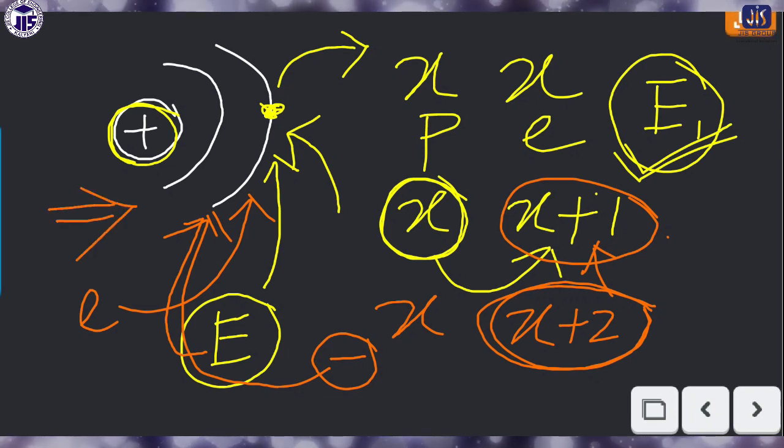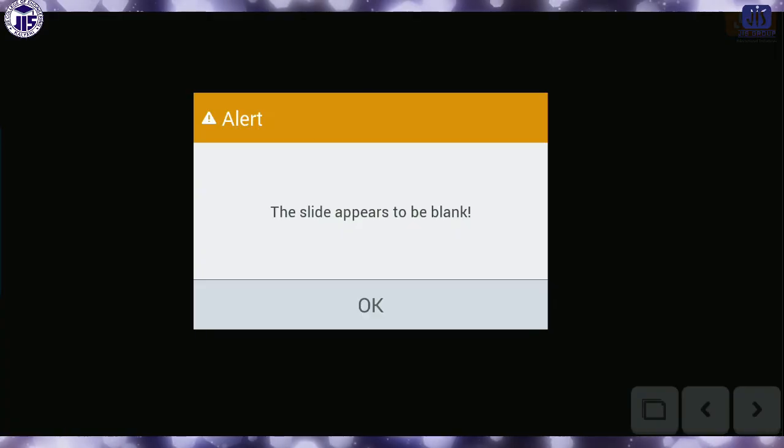Okay, now come to the point: on which factors does electron affinity depend? That means which factors control the electron affinity.